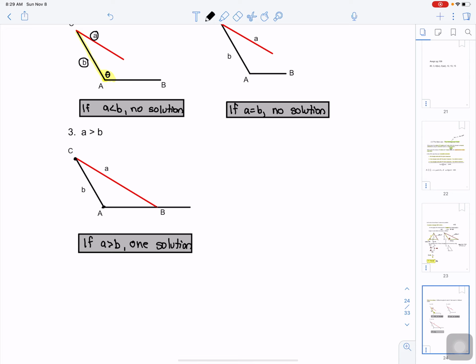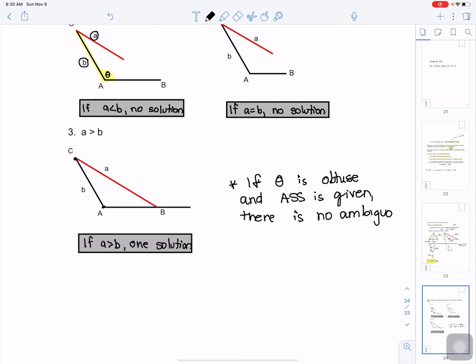So what we're trying to say here is that if the angle they give us, theta, is obtuse, and you have an ASS triangle, there is no ambiguous case. The ambiguous case is formed if I'm getting two possible solutions, and in this case, there are no two possible solutions.